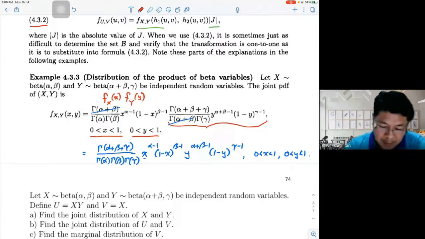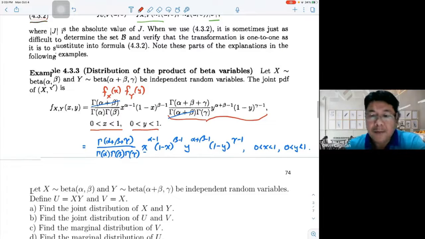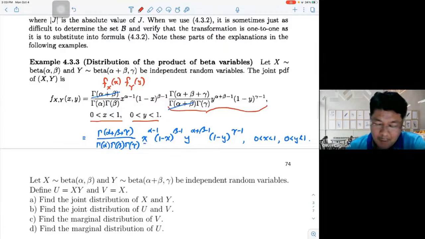So for the first random variable X, we have here, okay, and then if we simplify further this product of PDFs, we have here in our blue expression, we cancel out the gamma of alpha plus beta in the X variable and the gamma alpha plus beta in the denominator of the random variable Y. Okay, I modified the problem in the book.